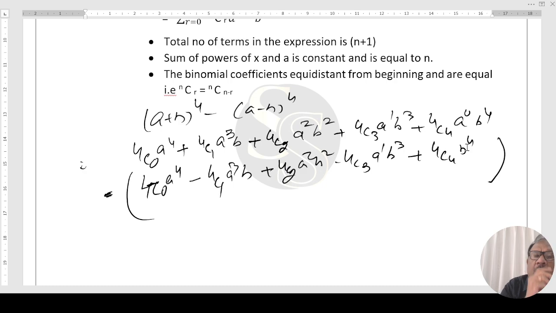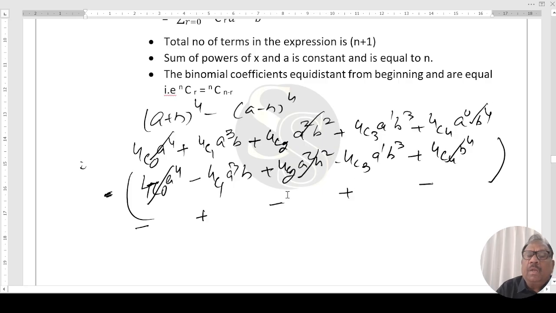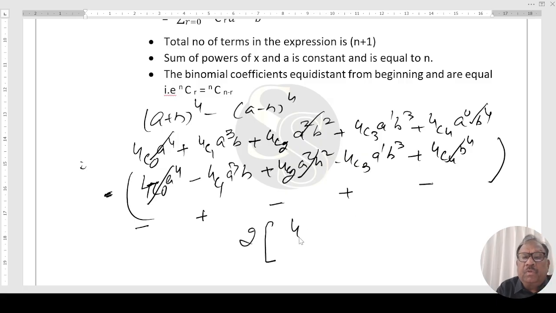Right? Now, if we expand it, the negative sign distributes, this will become negative, this will become positive, this will become negative, this will become positive, this will become negative. Means the first term will be cancelled out, then this term, then this term will be cancelled out. We will get twice 4C1 a^3 b + 4C3 a b^3.